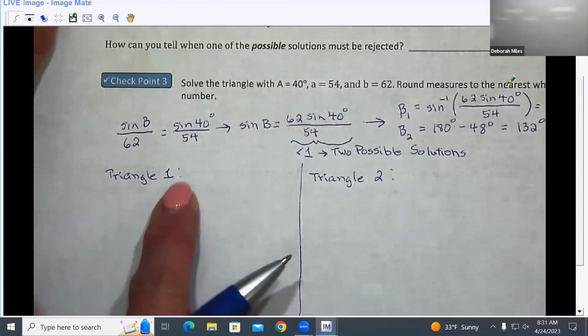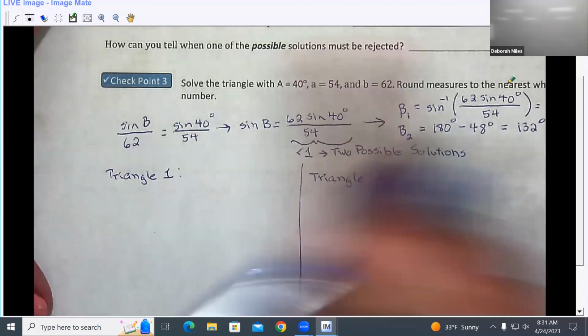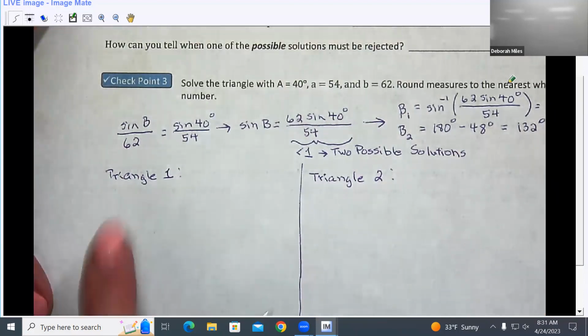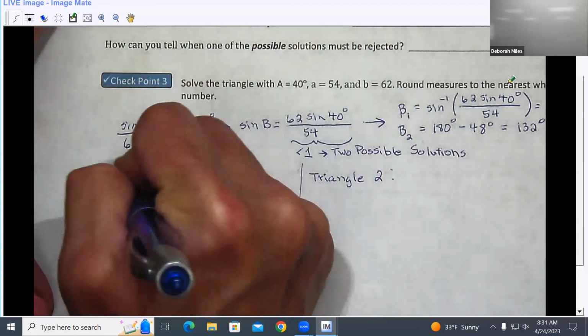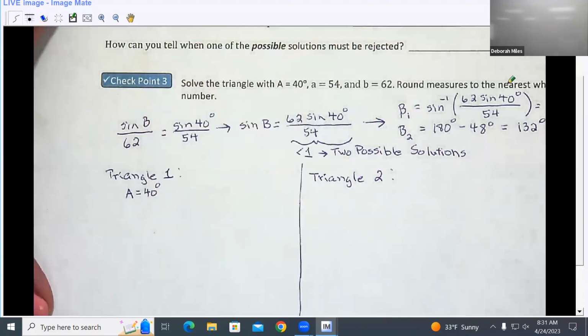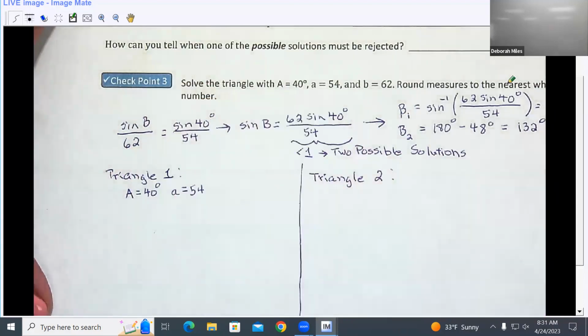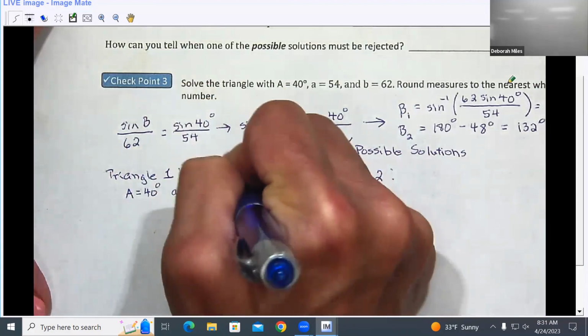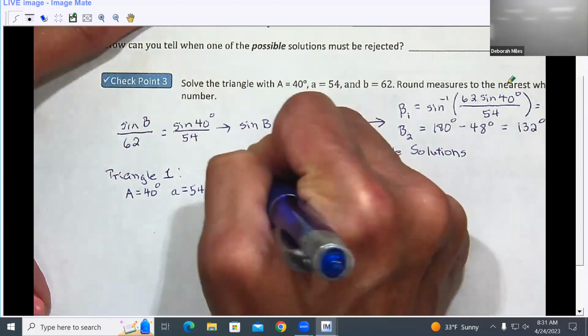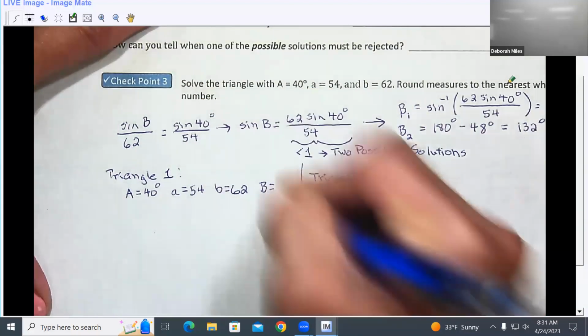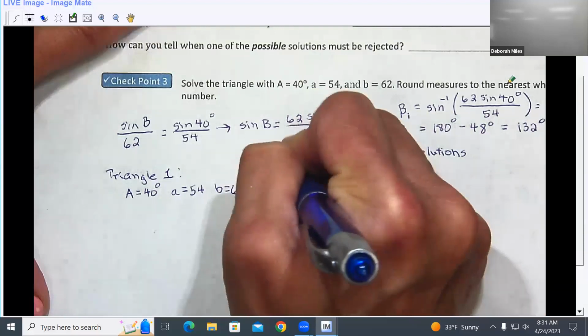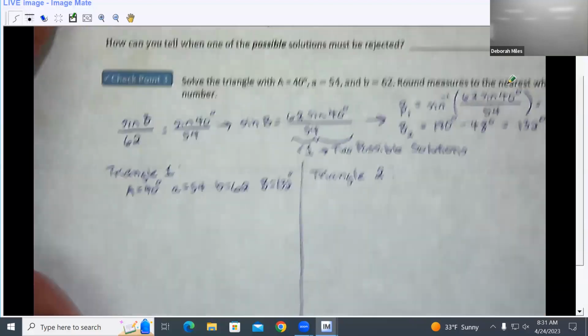What I know now about triangle 1, and I'm just trying to keep all my stuff organized here: triangle 1 has A is 40 degrees. Side A is 54. Side B is 62. And angle B is 132 degrees. That's the 4 things I know.